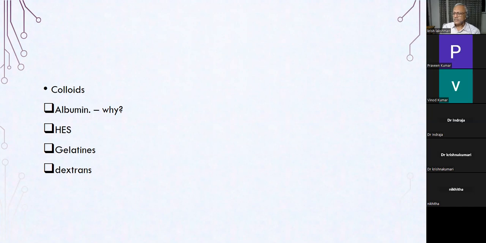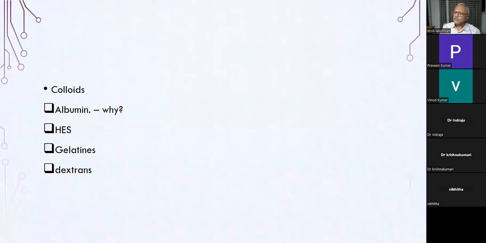As Sri Ramalu has answered, it maintains the oncotic pressure, and so you can give it, but it has several disadvantages. Even in a patient who is hypovolemic, you can make up for the lack of oncotic pressure when you give crystalloid. How do you make up for it?